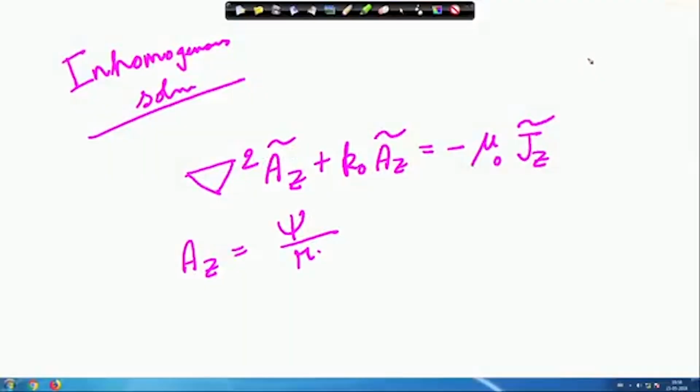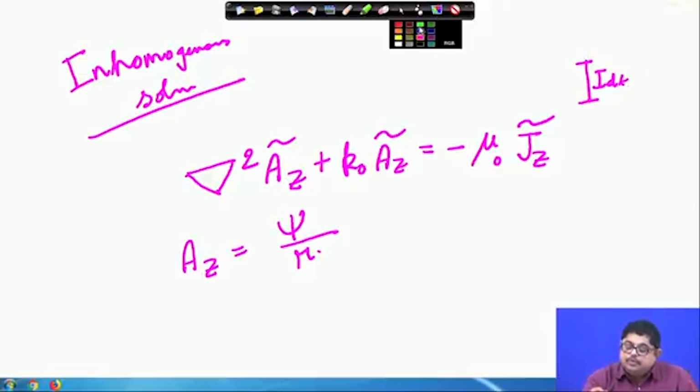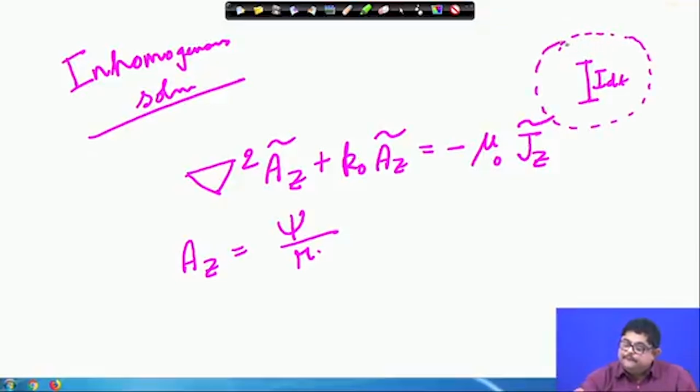So, if we have this current element source, IDL, over this we put a spherical volume of radius r naught, we find this and then we force that r naught to go to 0. So, that will be the effect of this source. So, this is the idea.